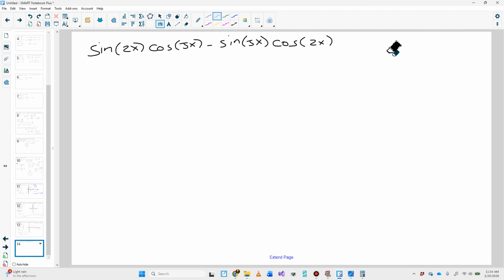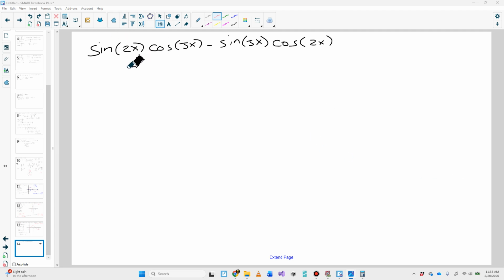We are to simplify this. So go back to 18, and what does this look like? Well, it doesn't look like a cosine difference of sums, but it could be a sine difference of sums: sine alpha cosine beta, cosine alpha sine beta. So here we go.